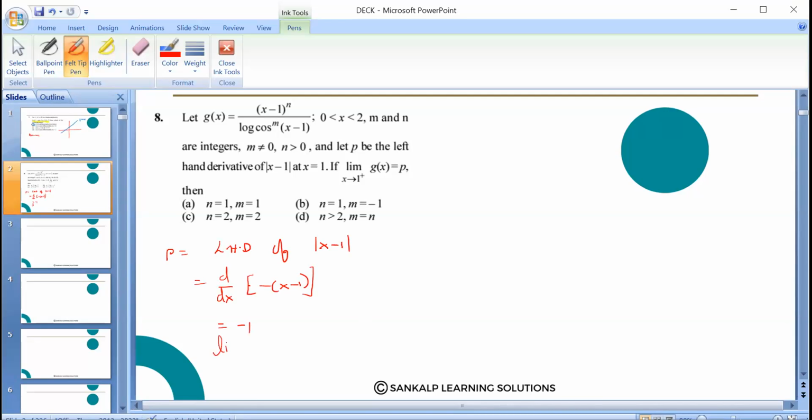Now, it's given that limit of p of x as x approaches 1 plus is p. So what do you have? Limit of x minus 1 power n by log of cos power m of x minus 1 as x approaches 1 plus is minus 1.